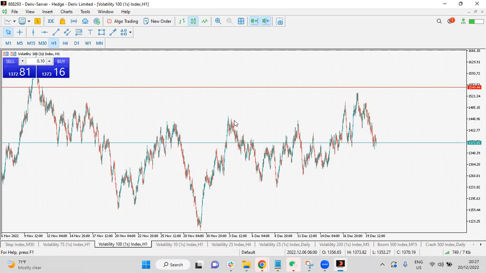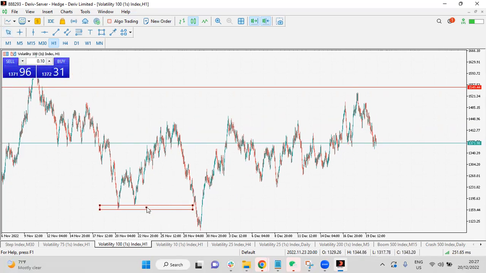So let us look at reaction at previous levels. Look at this, it got to this level, it dropped. You'll find reaction around the same level, it dropped. Remember, support is not a specific point, but a zone.